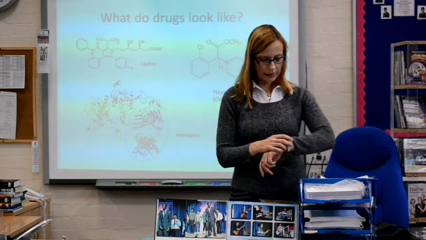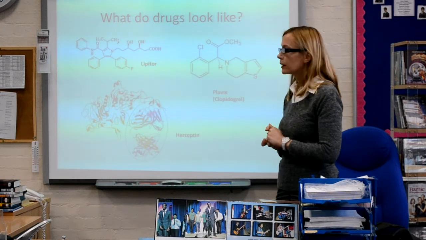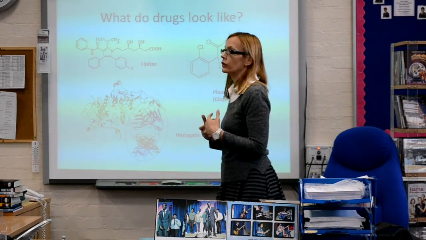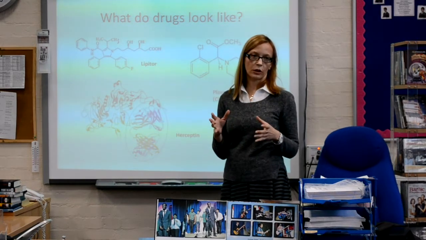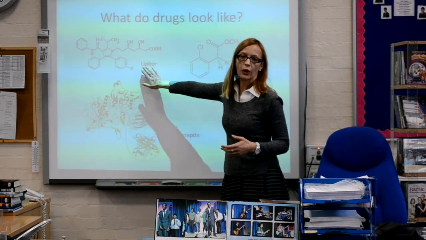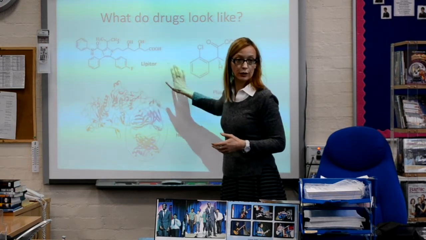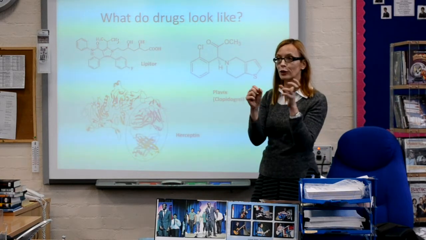And what do drugs look like? So I've shown you just a couple of examples to give you an idea. There are, in a way, two types of drugs that we are looking at nowadays. I would imagine you're more used to drugs that look like this, some kind of cyclic compounds stuck together.